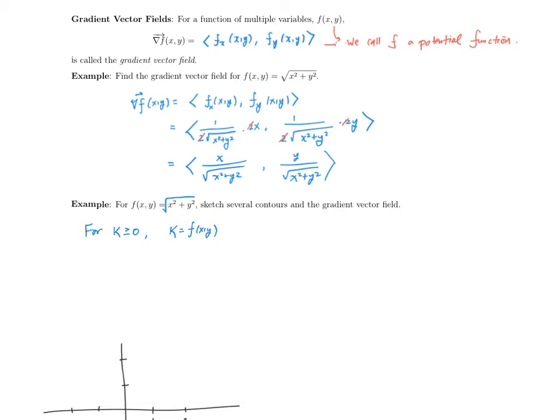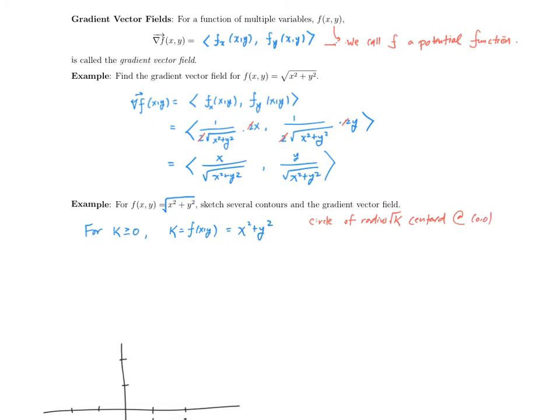And in our case that k equals contour would be given by the curve x squared plus y squared equals k. And in this case, we can note that this k contour would be a circle of radius square root k, excuse me, centered at the origin.